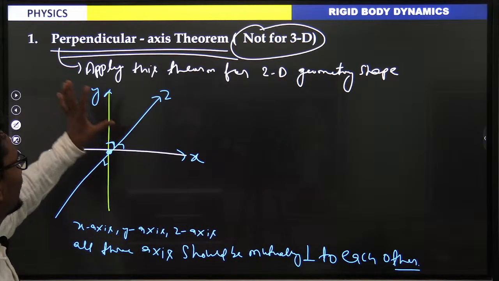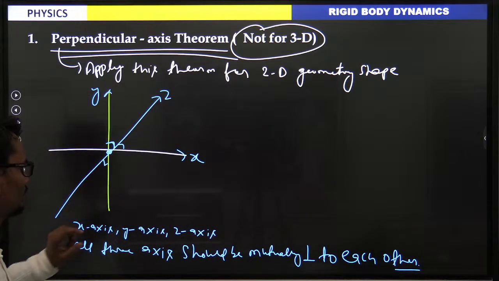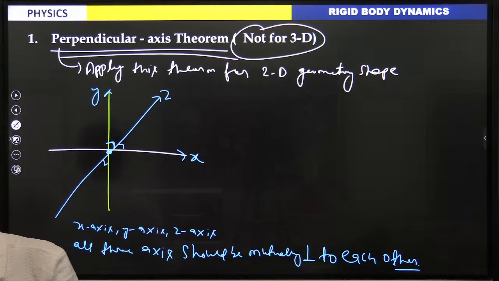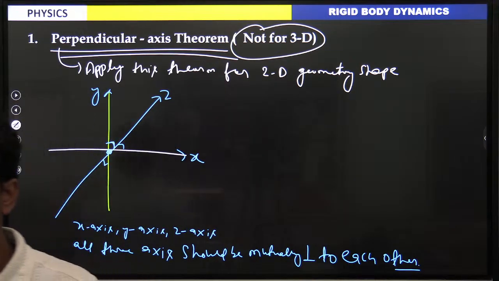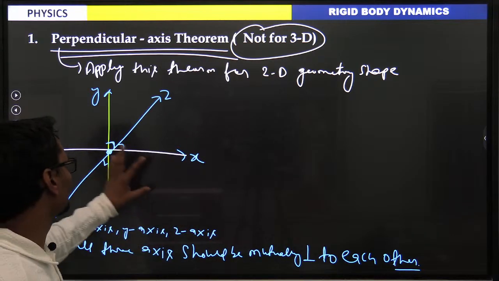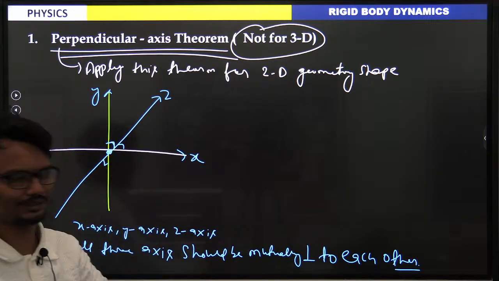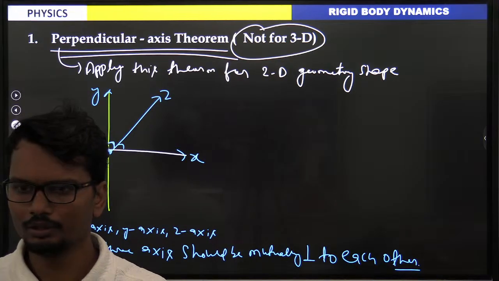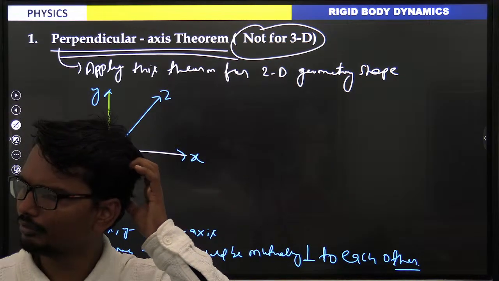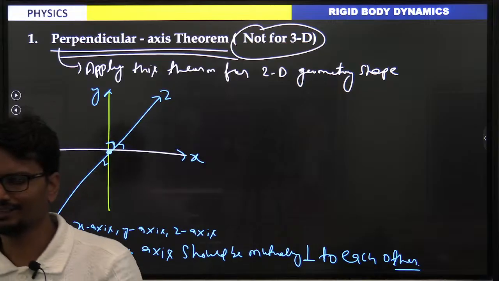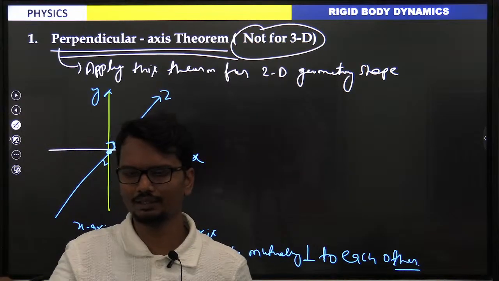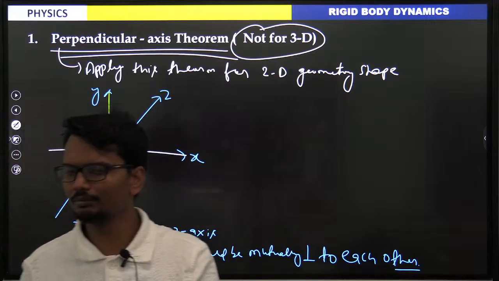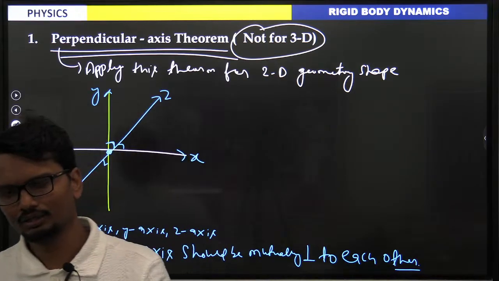If we are applying the perpendicular axis theorem, then the first condition is that we have three axes x, y and z, where two axes lie along the figure whose moment of inertia we need to find, like a disc or ring, and the third axis is perpendicular to that given figure.